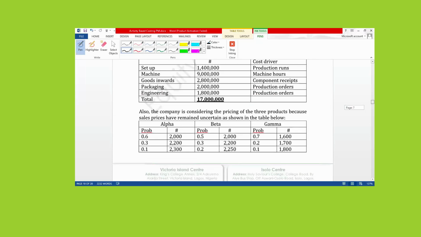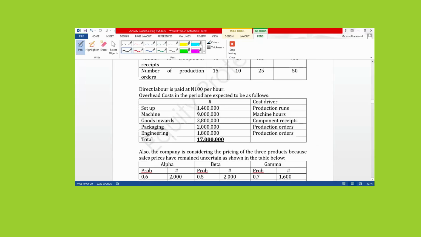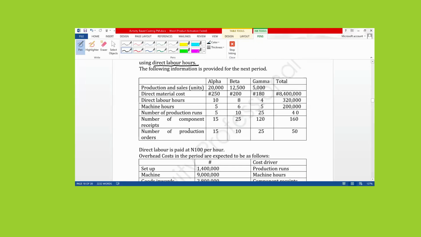The examiner says your cost driver is component receipts. Let's now go and check the number of component receipts: 15 for alpha, 25 for beta, 120 for gamma, totaling 160.